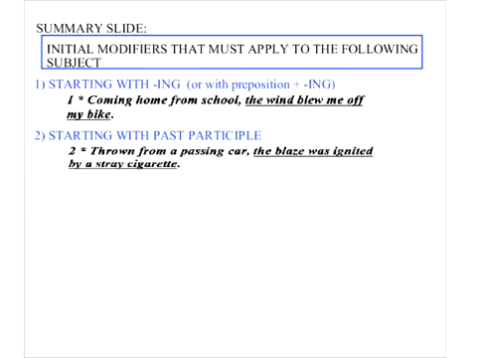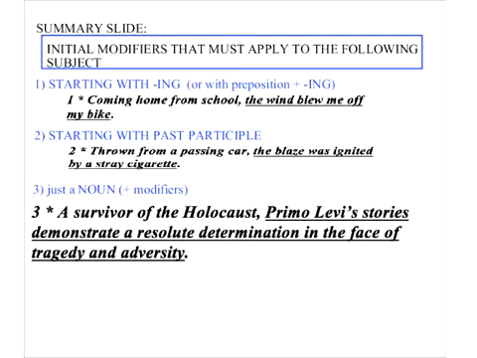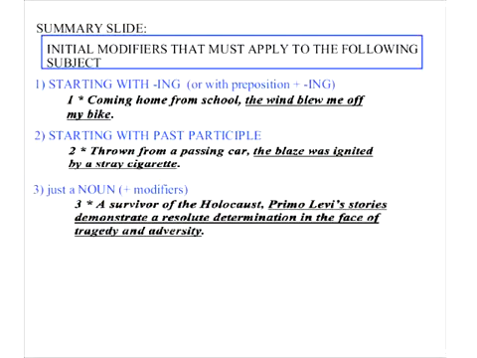Third example was if the initial modifier is just a noun, or equivalently a noun with modifiers. So, a survivor of the Holocaust, Primo Levi's stories demonstrate a resolute determination.